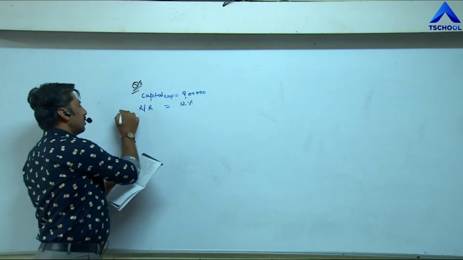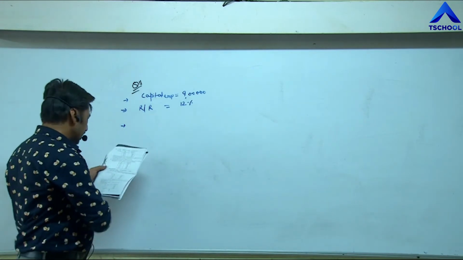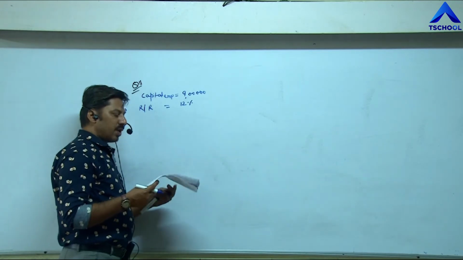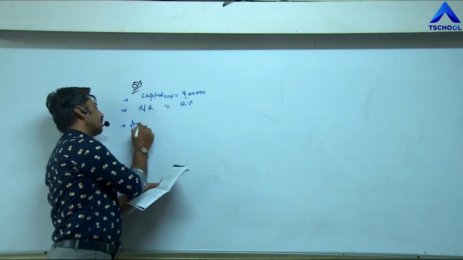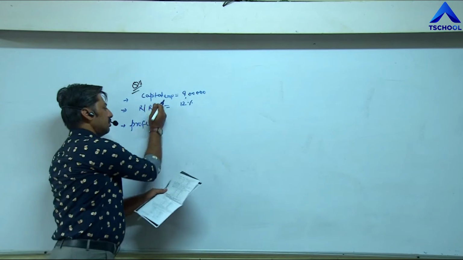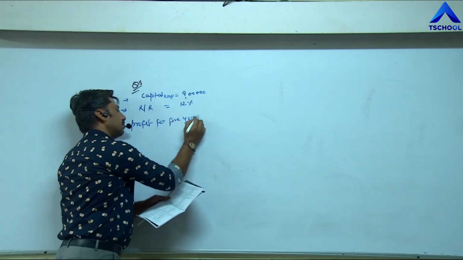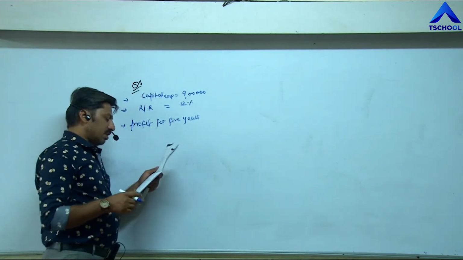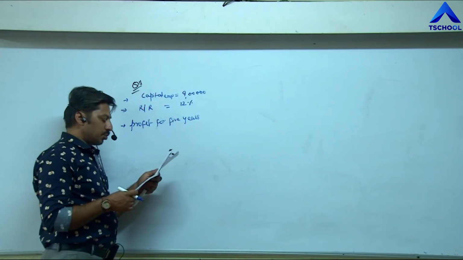Third, the last 5 years' profit is given: 1 lakh, then 1 lakh 40,000, 1 lakh 30,000, 1 lakh 50,000, 1 lakh 80,000. These are the information needed in order to calculate goodwill according to the capitalization of super profit method.